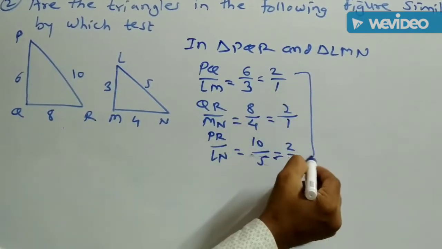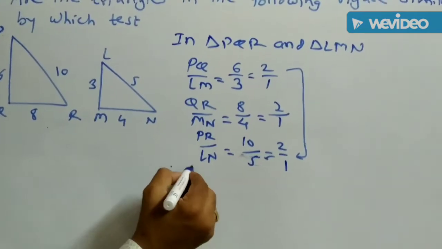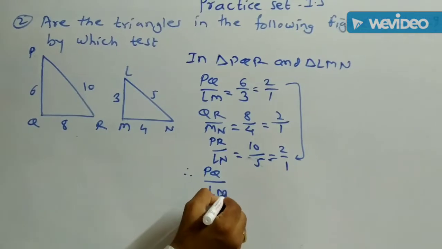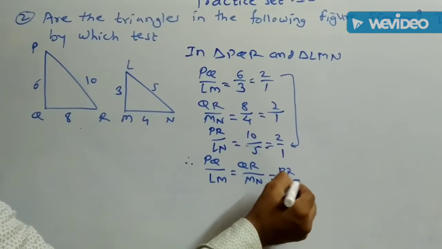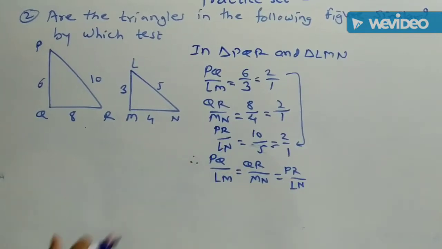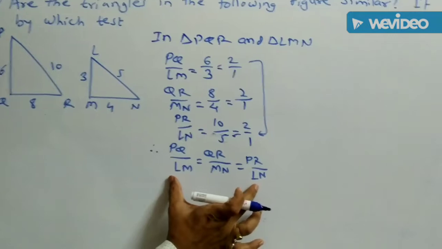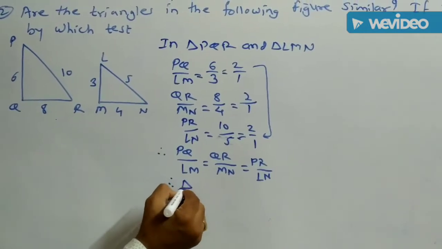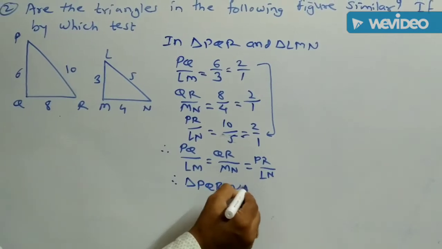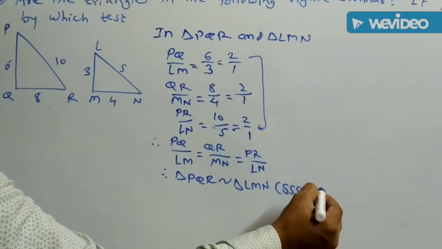All three proportions are equal, and therefore we can write PQ upon LM is equal to QR upon MN and PR upon LN. That is, all three sides of one triangle are in proportion to the corresponding three sides of the other triangle, and therefore we can write triangle PQR similar to triangle LMN, and by which test?